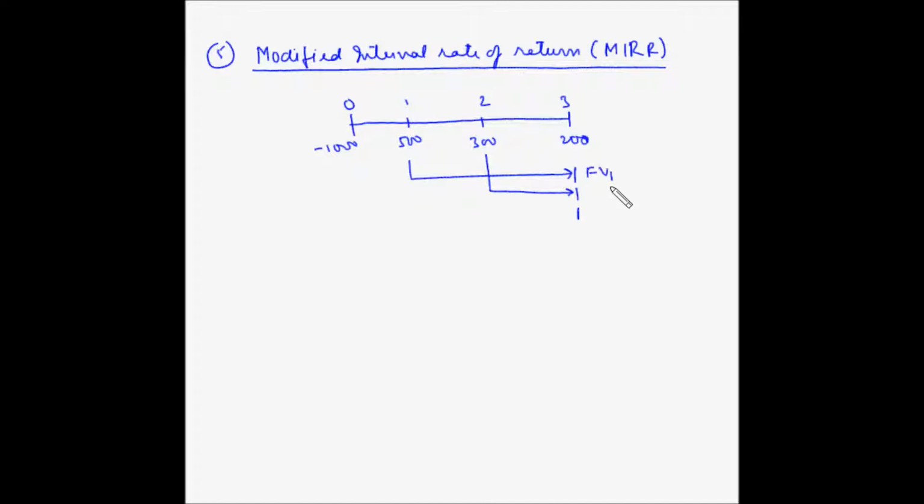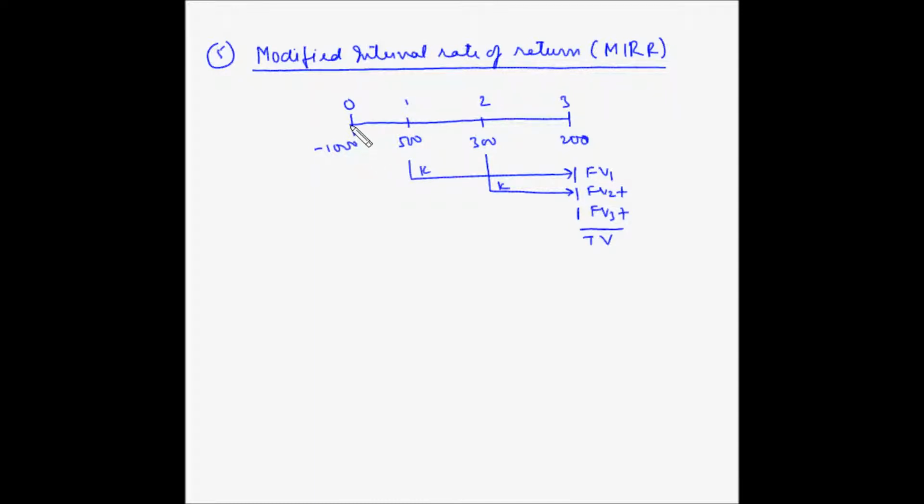Let's say this is FV1, FV2, FV3. This is compounded at the firm's cost of capital. So this is done at the cost of capital. And when you add all these future values, you get the terminal value for the cash inflows.